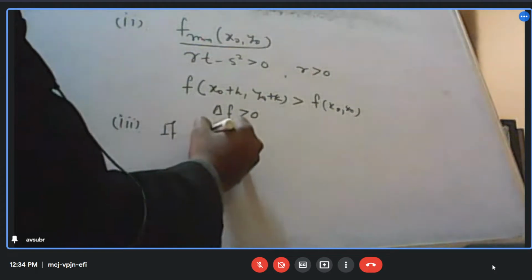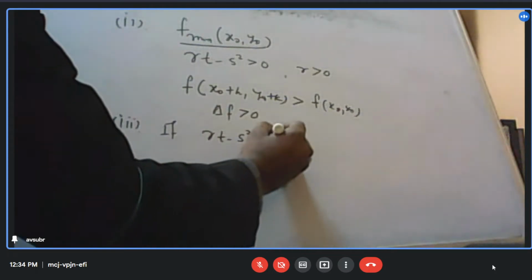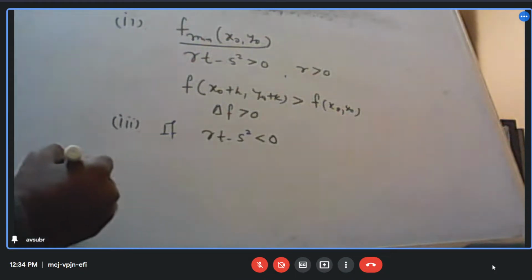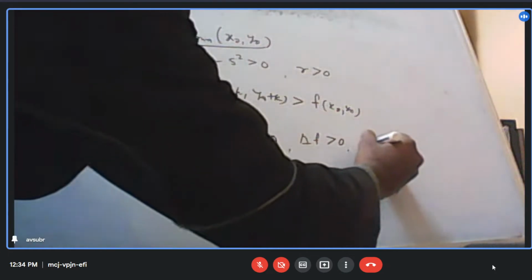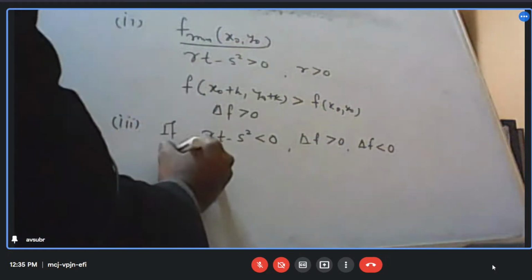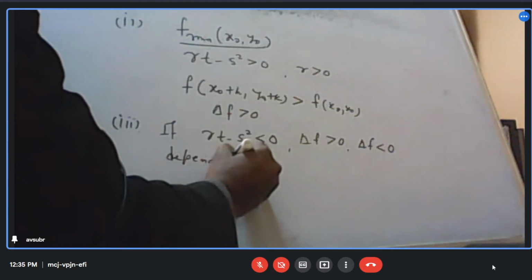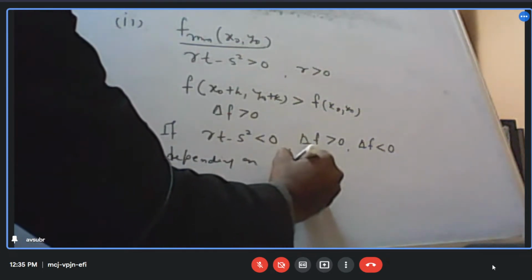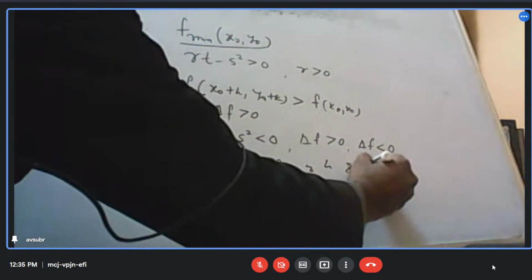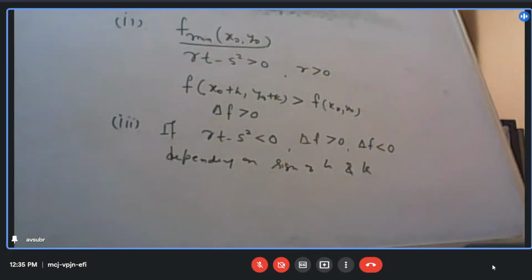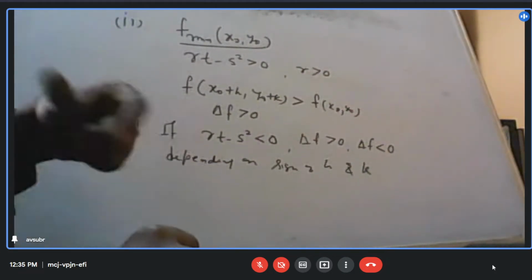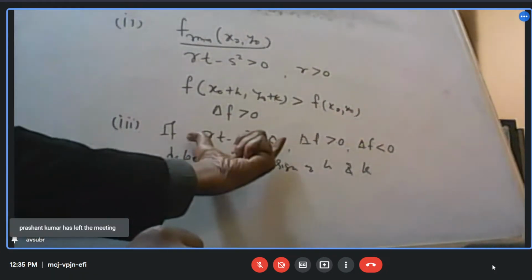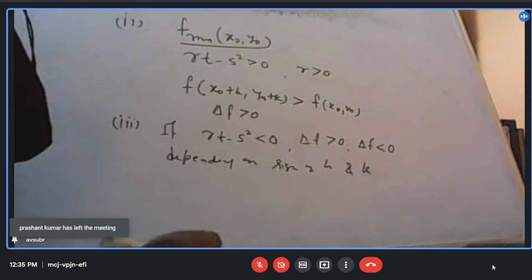Now, if rt minus s square is less than 0, then delta f could be either positive or negative depending on the sign of h and k. So whether h and k are positive or negative, depending upon that, this delta f could be greater than 0 or less than 0 when this condition is satisfied.